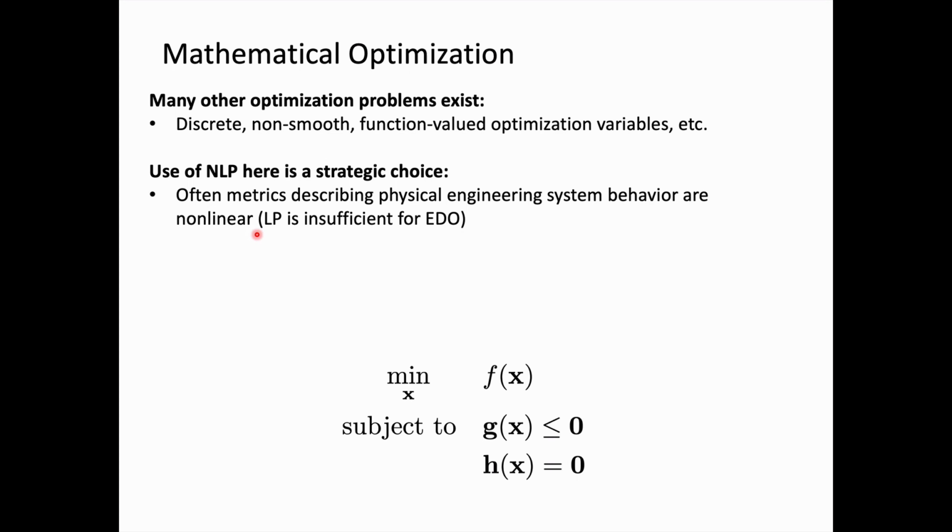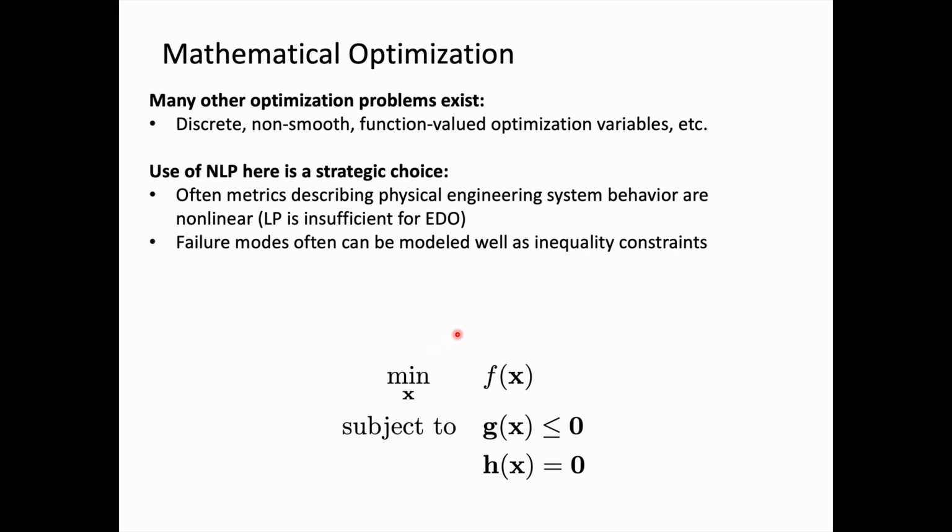And linear programming is really important for many other different types of optimization, but it's usually not sufficient for design optimization of physical engineering systems. And that's because, in general, the behavior or functions that approximate the behavior of physical engineering systems tend to be nonlinear. There may be linear elements, but there's usually at least one aspect that is important that is nonlinear, and so we usually end up using nonlinear programming.